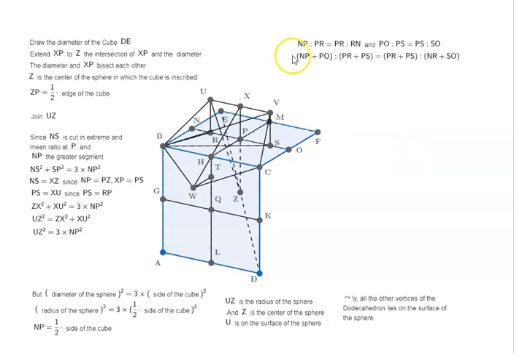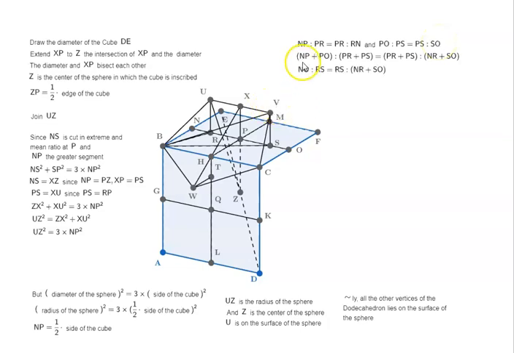Now, NP plus PO is to PR plus PS is equal to PR plus PS is to NR plus SO.